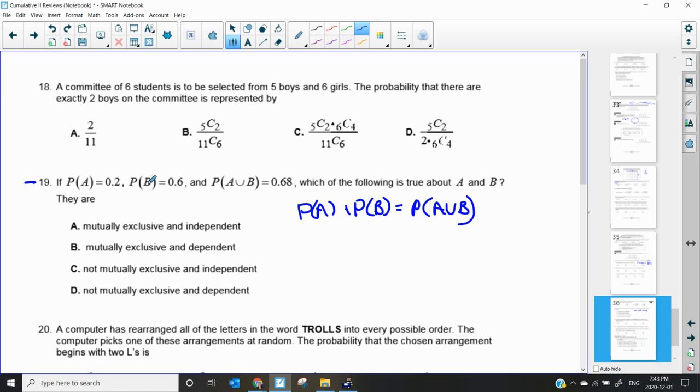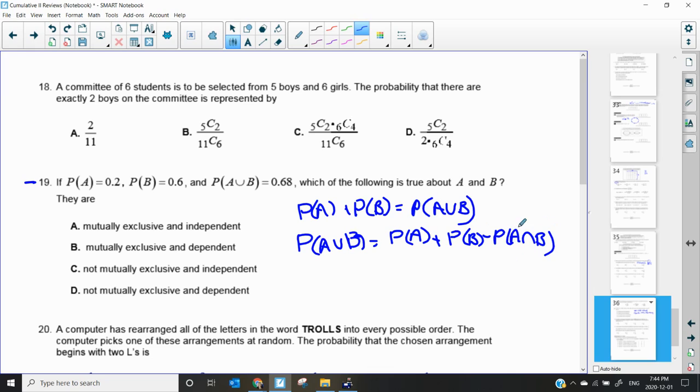For checking whether something is independent or dependent, we're looking at whether or not the probability of A times the probability of B represents the probability of A and B. Now, if you notice, we don't actually know what the probability of A and B is, so we would have to first plug it into our non-mutually exclusive formula, which would be the probability of A plus the probability of B minus the overlap.